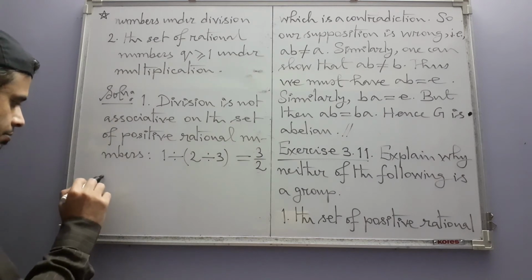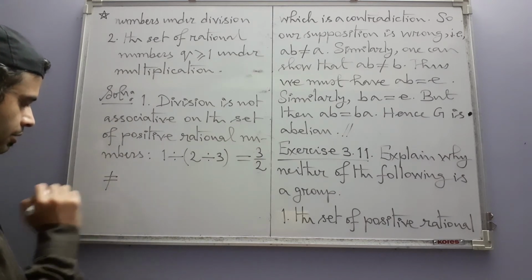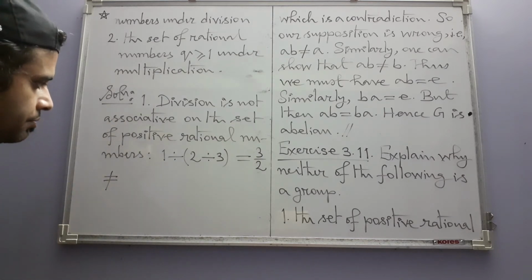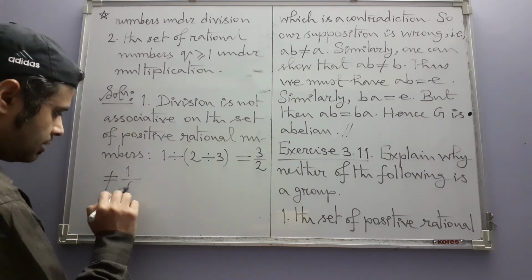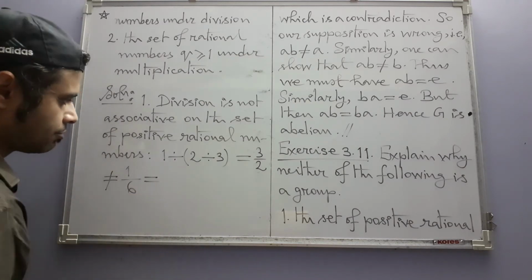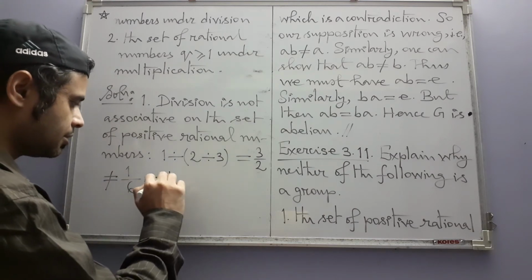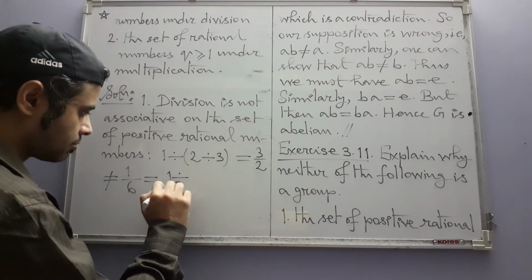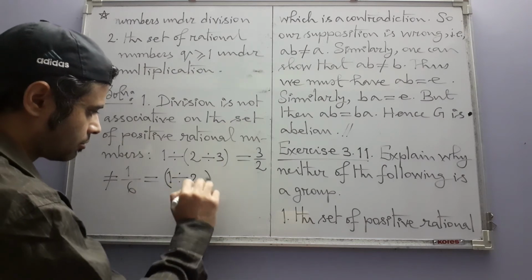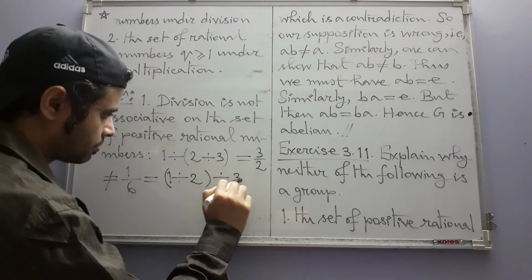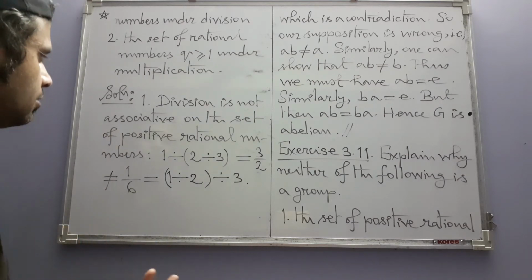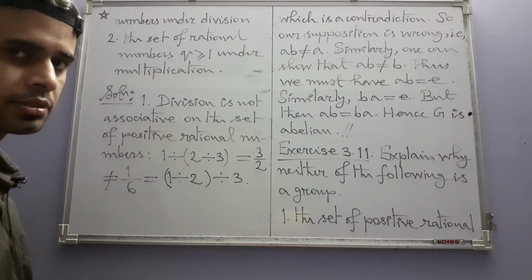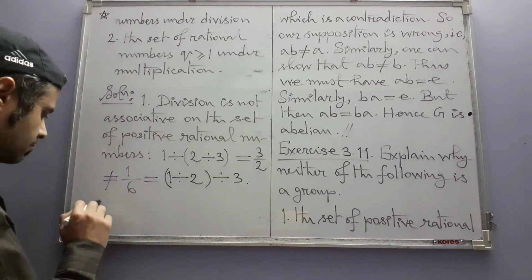It's a rational number that is not equal to 1 divided by 6. And if you look carefully, 1 divided by 6 is this. So it's not associative, so how can the system be a group?